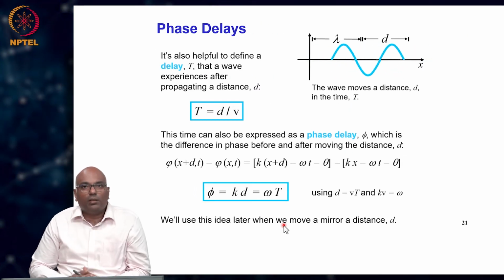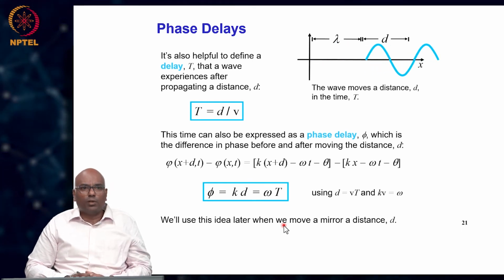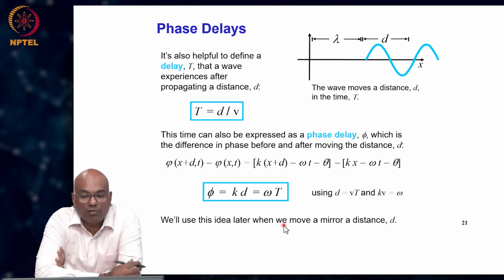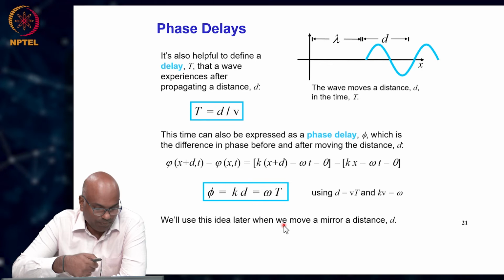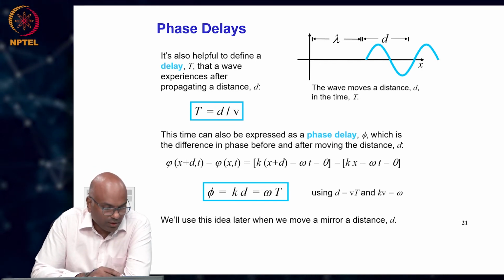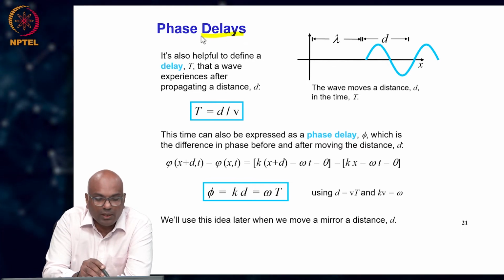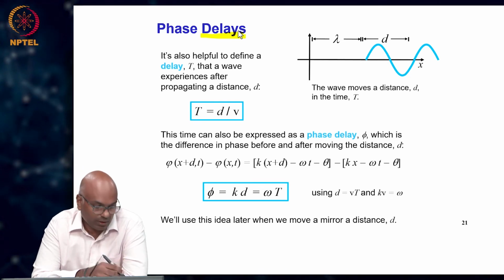Now we are in a position to appreciate another interesting or important quantity, which is a phase delay. Generally, in our day-to-day notion of delay, we would have come across this term delay in the context of time, delays in time.